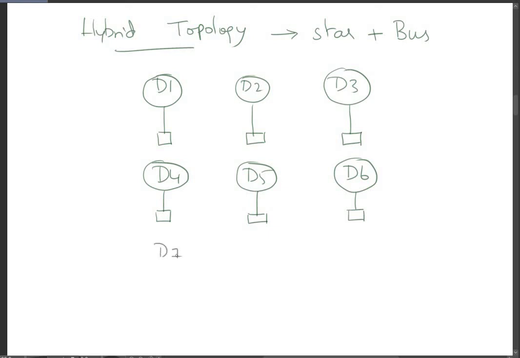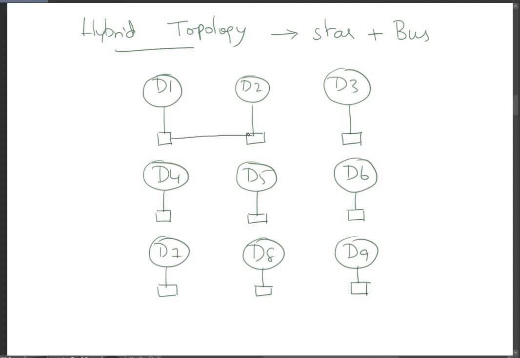Next we have D7 with its own repeater, D8 with its repeater and D9 again with its repeater. So these are the repeaters, and they are connected to each other. Then this is the end of the link.